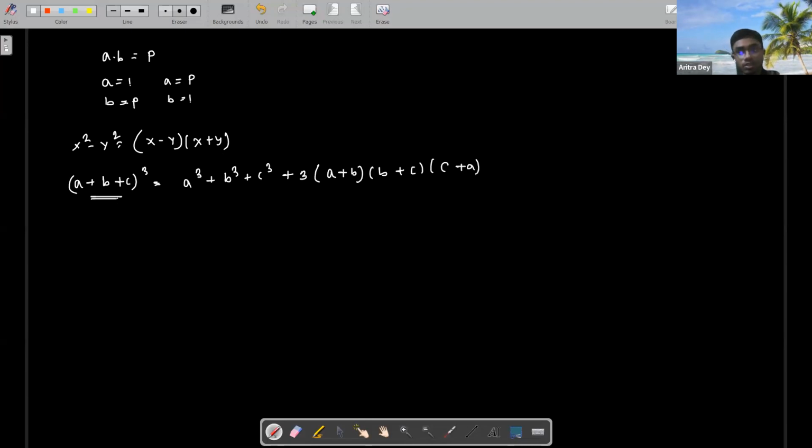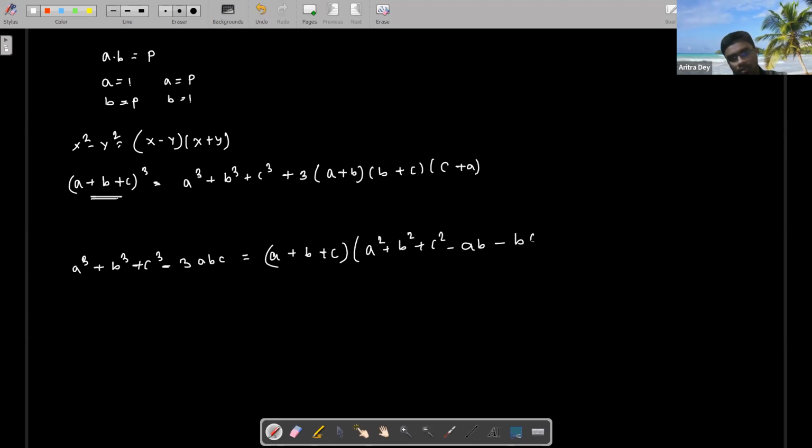Another important thing that is required: a cube plus b cube plus c cube minus 3abc can be written as a plus b plus c into a square plus b square plus c square minus ab minus bc minus ca.